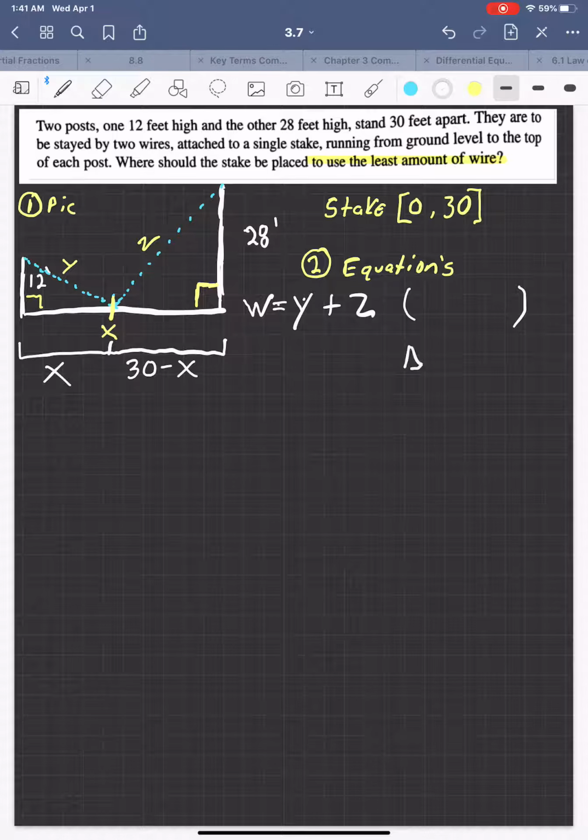So this is triangle 1. Pythagorean would tell us that the hypotenuse squared must be equal to the sum of each leg after they've been squared. So y squared equals x squared plus 12 squared. Okay, let me box that in.